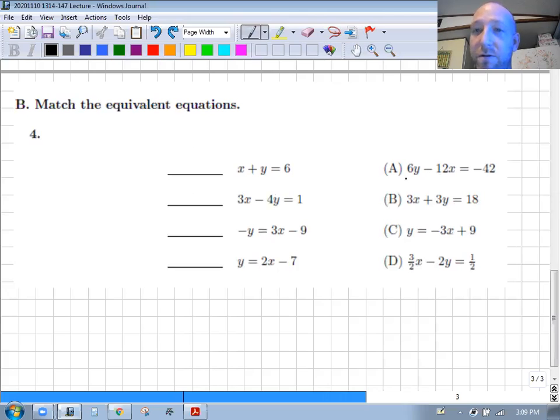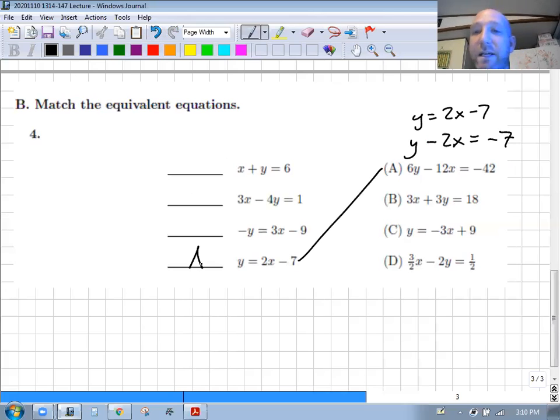I'm not sure. Let's check out the next one. See, if we divided everything by 6, we would have y minus 2x equals negative 7, right? If we took everything divided by 6, that looks just like this one, right? If we added 2x to both sides, we have the exact same one here. So this goes here. That one's A. Those are exactly the same equations. They have the same set of solutions.